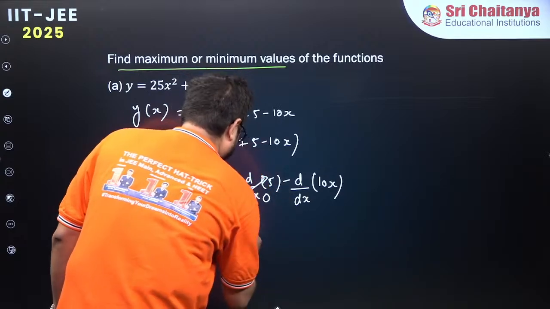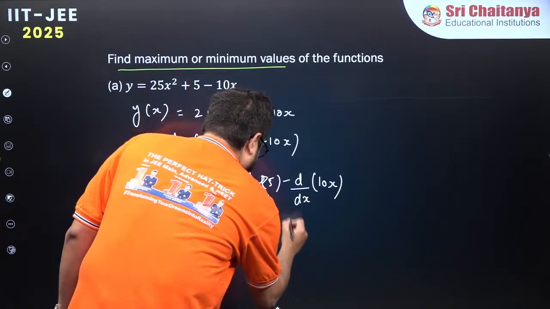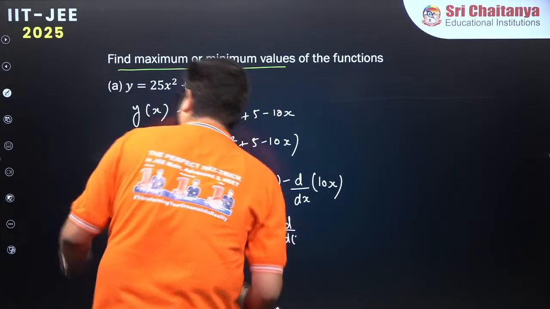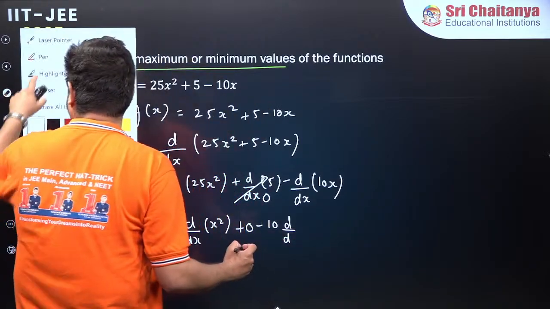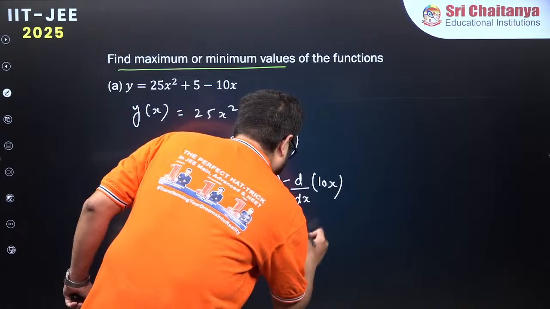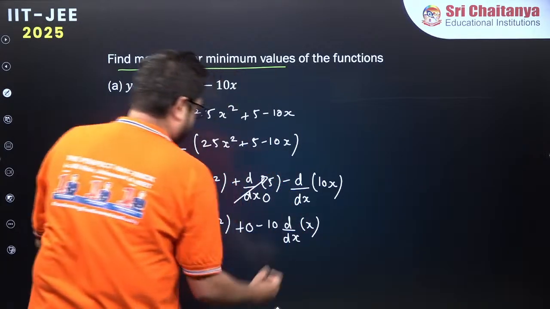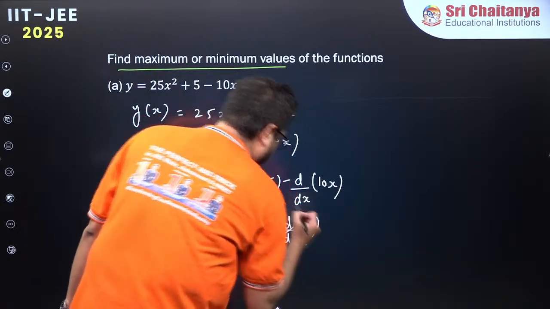Minus of 10, d by dx of 10x, isn't it? So what is going to be d by dx of x? 1.